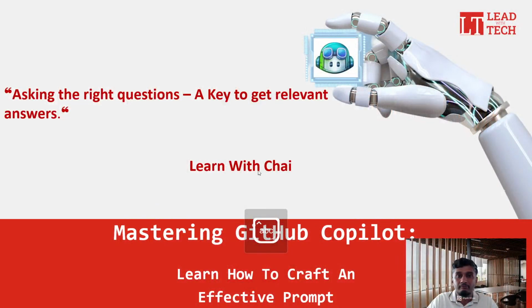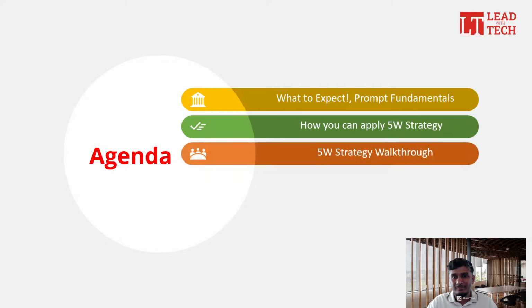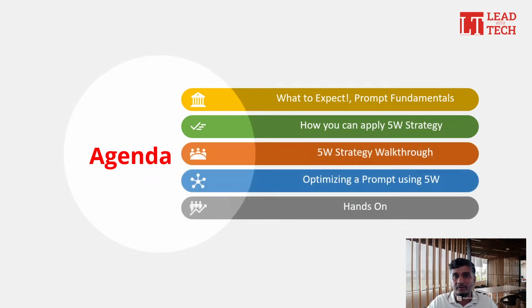So to begin with, let's go ahead and understand the concepts as well as the details around that. Today's agenda would be basically to understand what you expect out of this session, and then understand the basic fundamentals of a prompt and the structure that is needed in a prompt.